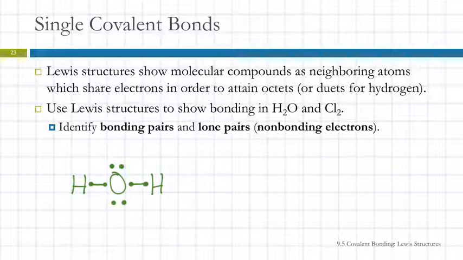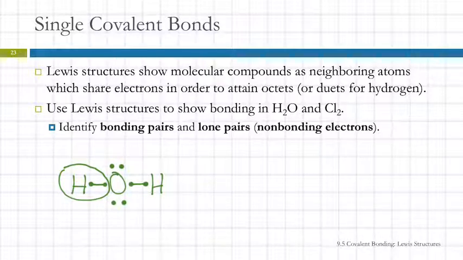When you share something with someone else, then it belongs to both of you, right? So these shared electrons belong to hydrogen and they belong to oxygen. So if we look at hydrogen now, hydrogen can count both of the shared electrons as belonging to itself. So now hydrogen has 2 valence electrons. That's a duet. Hydrogen's a little guy.